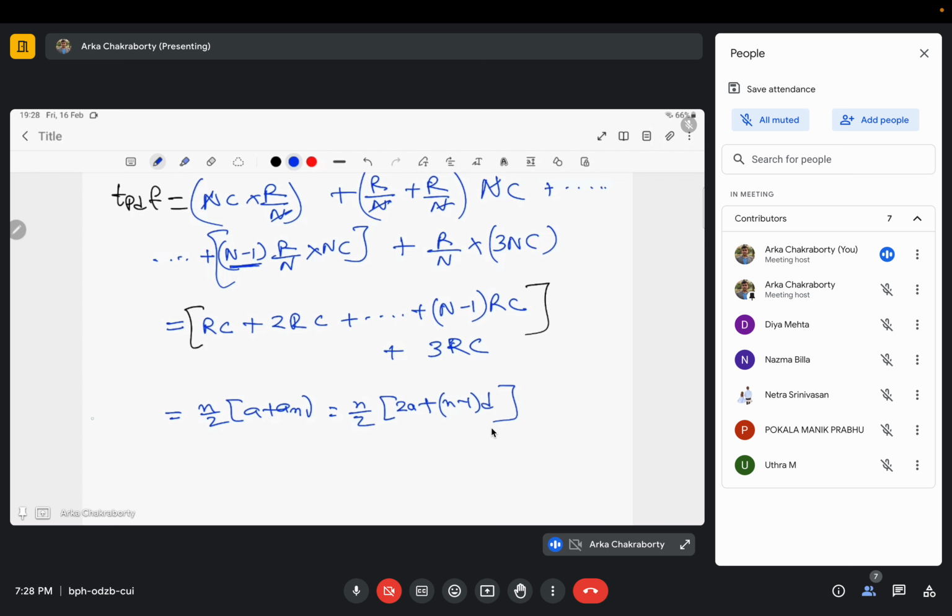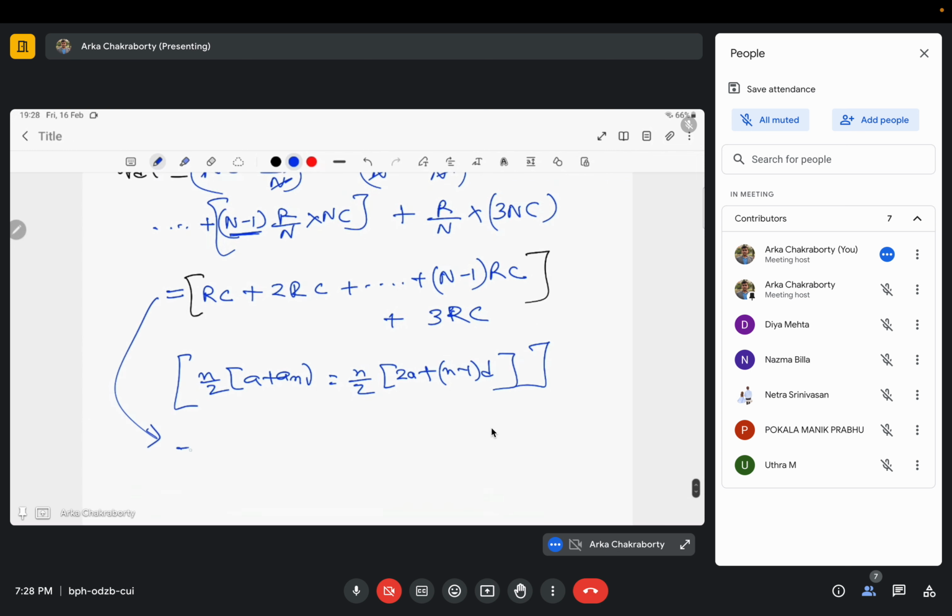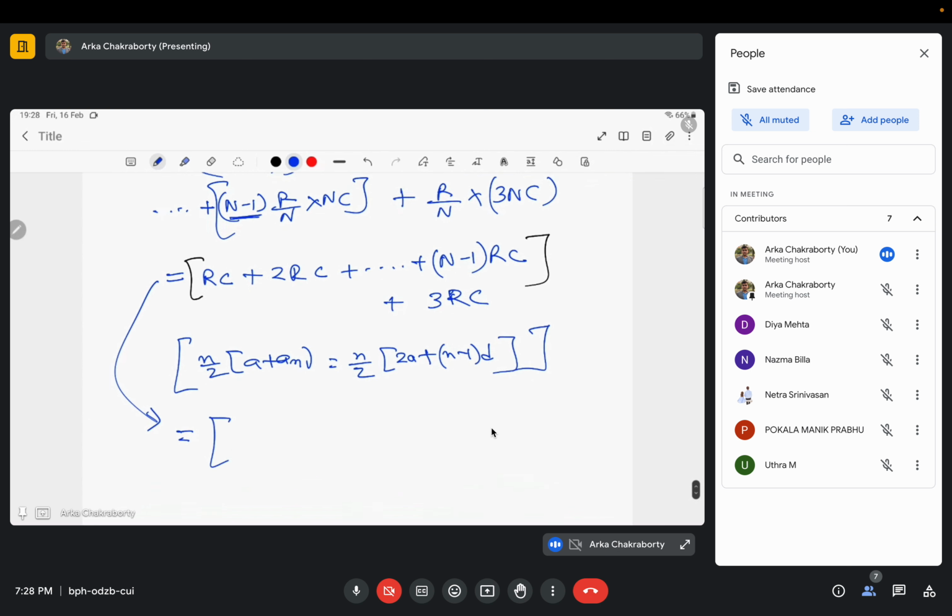So this is the sum of an AP, right? Therefore this should be equal to how much? N by 2, where n is N minus 1 here. So it would be N minus 1 by 2. A is RC, so 2a is twice RC plus N minus 1 minus 1 into d, which is again RC, plus this term, 3RC.